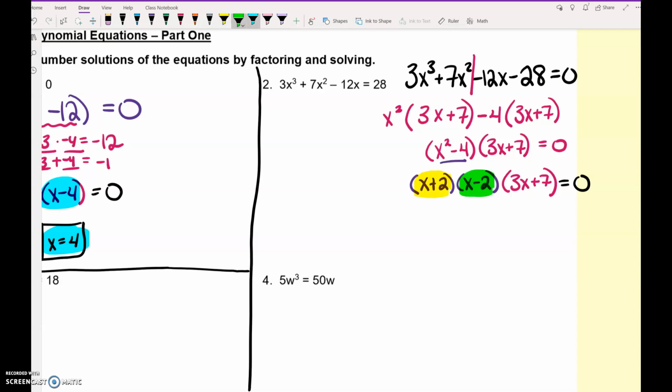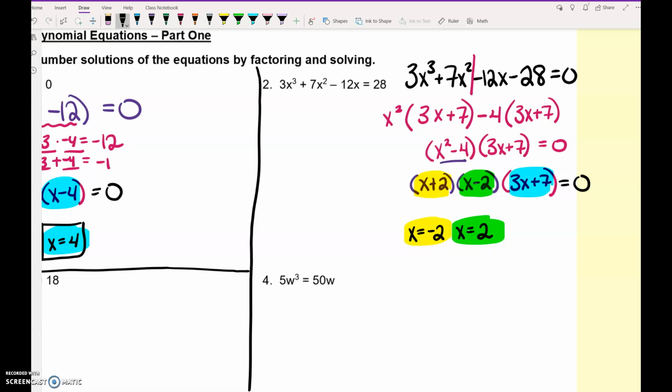So I've got my yellow piece, my green piece, and my blue piece. Okay, yellow. What's the solution? X equals negative 2. Green, what's the solution? Positive 2. Blue, what's the solution?